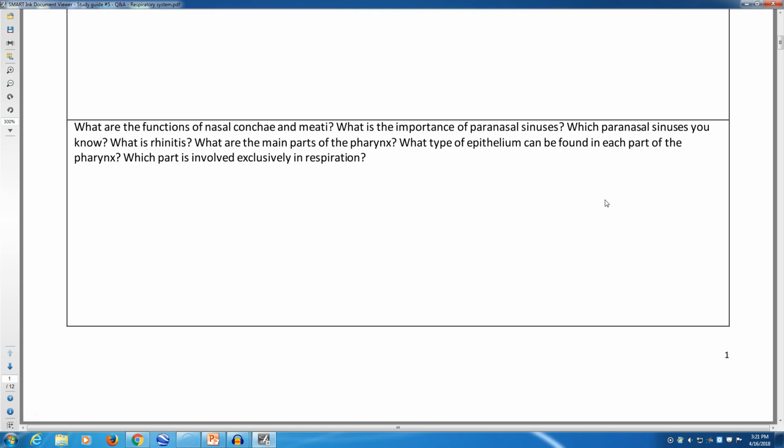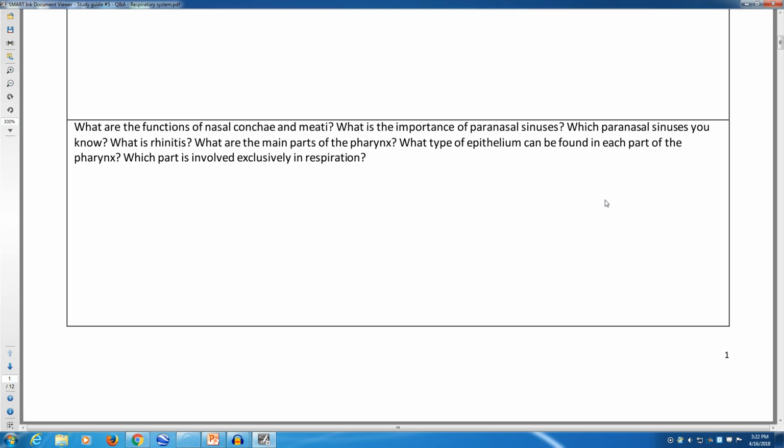Resonating chambers for speech. Paranasal sinuses, you have to be able to identify. Can you name it for me? Right off the bat. These two are frontal, maxillary, and I'm not going to stick my fingers all the way into the cranium, ethmoid and sphenoid. Okay.